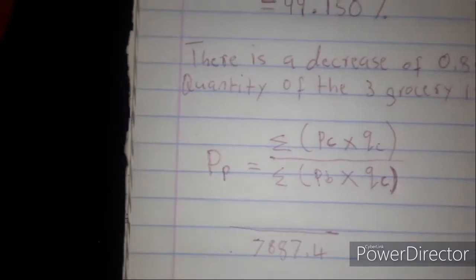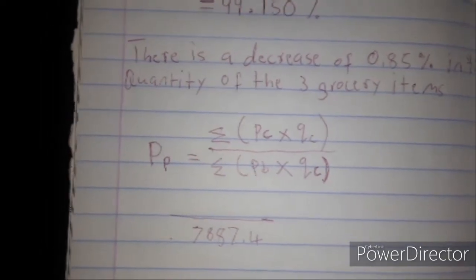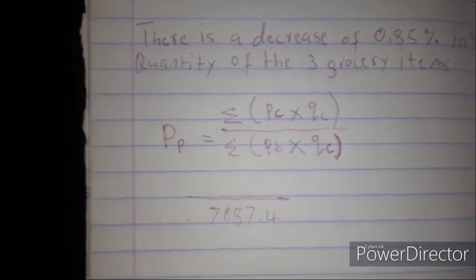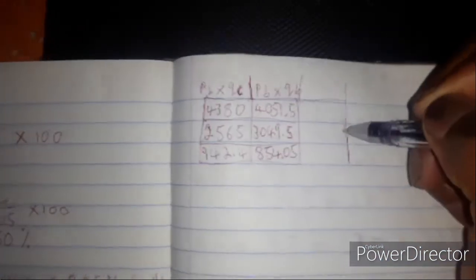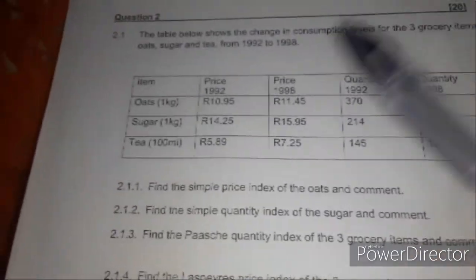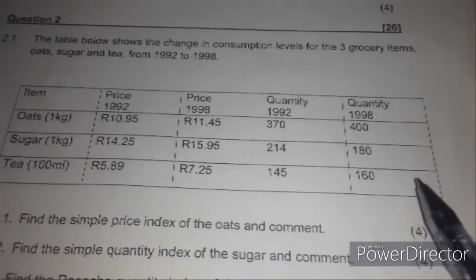So we are going to calculate the sum of PC times QC. So I think we are just gonna add another column, which is PC times QC. PC is the current price and QC is the current quantity.